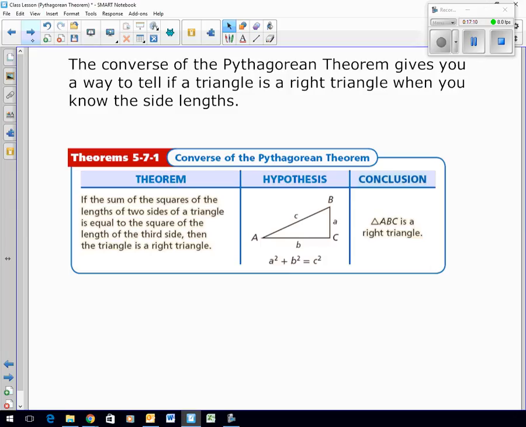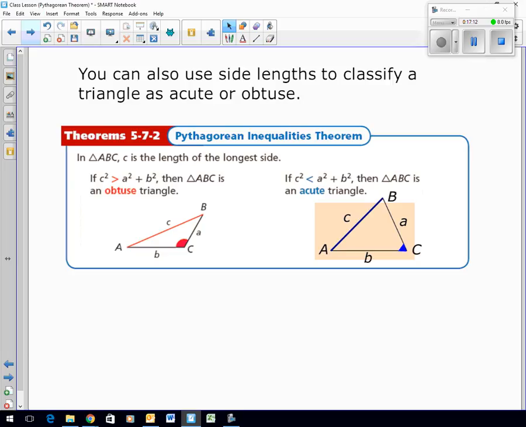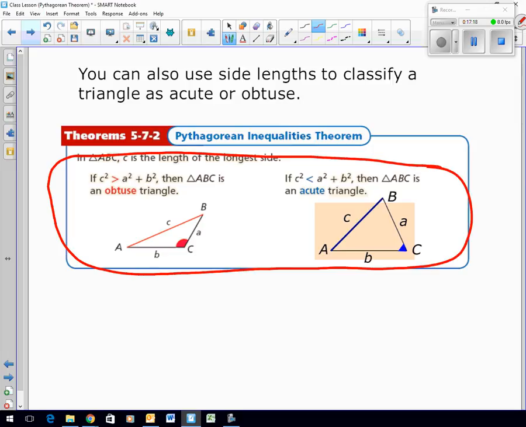The reason we study this is because if, when I plug in the Pythagorean theorem, the longest side squared is bigger than the sum of the legs squared, then I have what is called an obtuse triangle. Y'all should probably write this down.